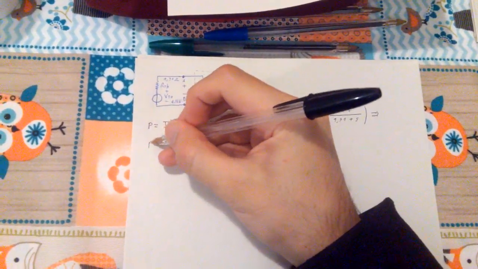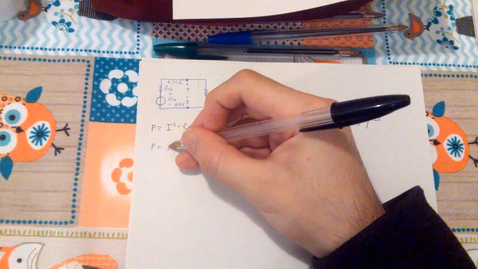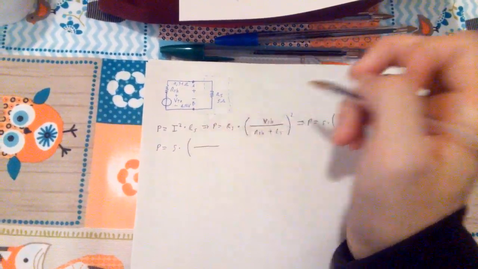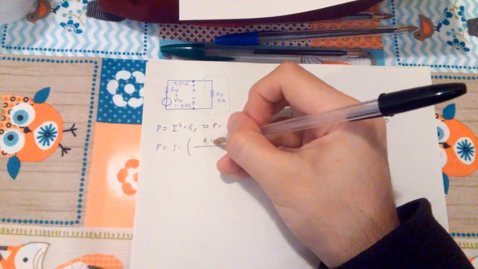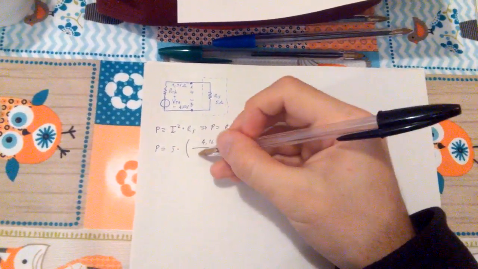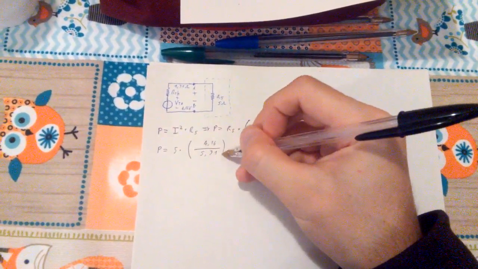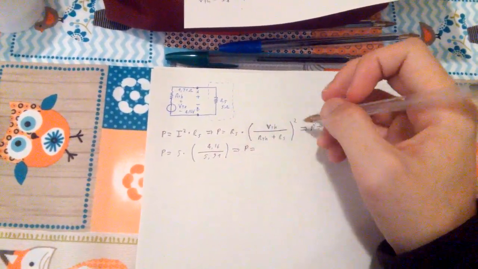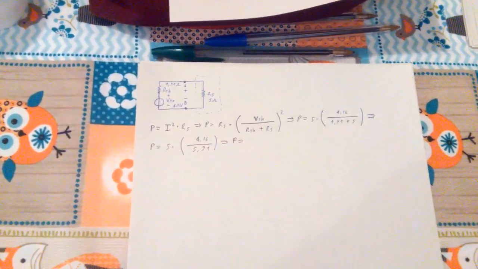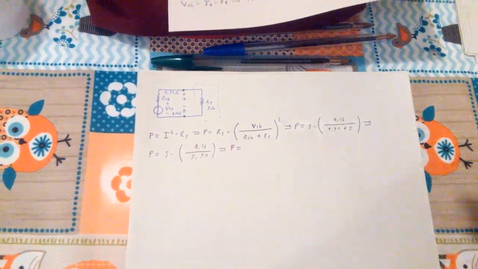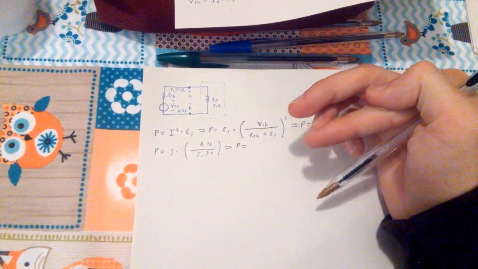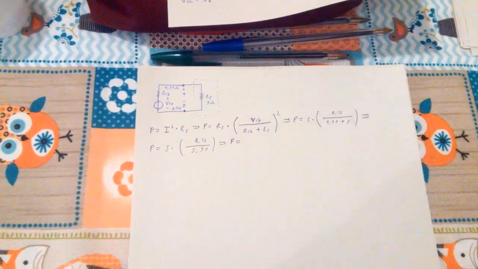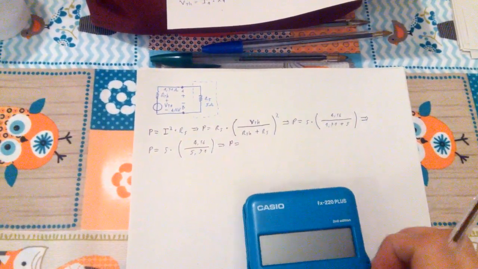So P is 5 times 4.16 over 5.91. I'm just going to put everything into my calculator.